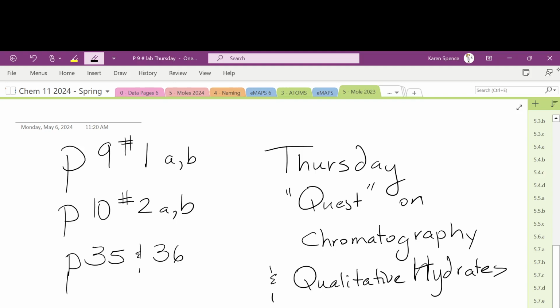So I would think probably most of you will be able to do all of that and the chromatography and hydrates review tonight. Is that unreasonable? I don't think there's a lot of homework. Yeah, so do these ones.